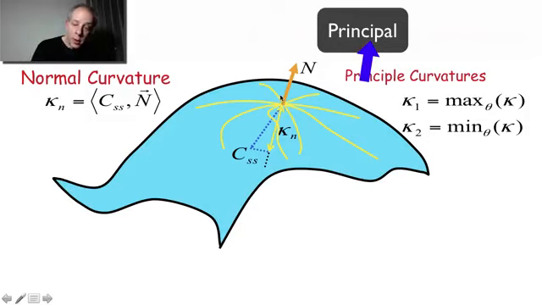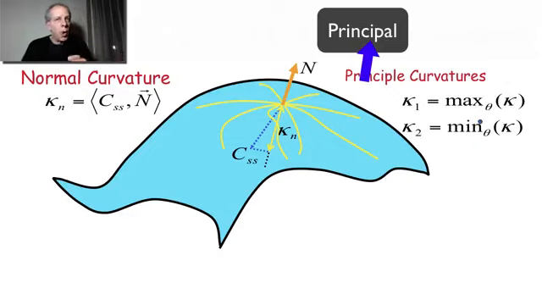You're in a point and you basically try all the possible curves on the surface that go around that point. And you compute the curvature. Now we're talking about curves. This curve has a curvature. This curve has a curvature. You compute all of them. There's one which is the minimal and one which is the maximal.